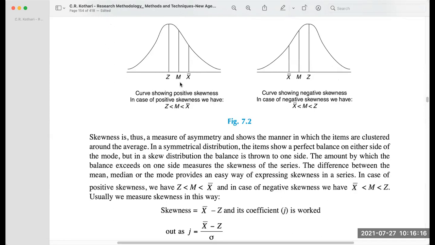On the x-axis, we plot the value of the variables, the parameter value, right? On the y-axis, we have the frequency, right? So if the parameter value of the mode is less than the median, and that median is less than the mean, in that case we are going to get this kind of skewness.